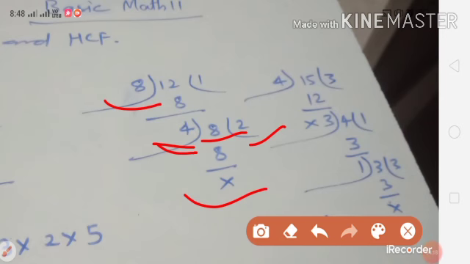So if we have only 8 and 12, the HCF of 8 and 12 is 4. But one number is also here, that is 15. So we divide 15 by 4, and we see that 4 threes are 12, remaining 3.